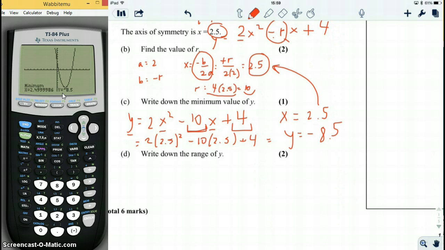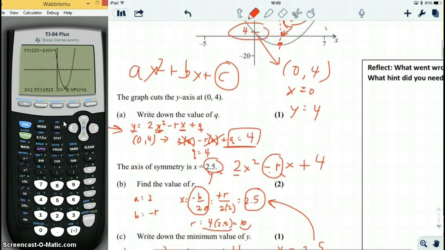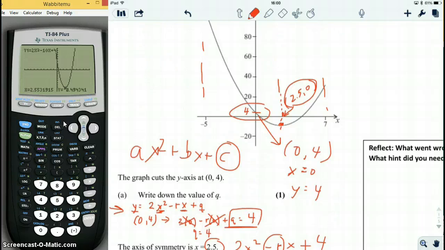We could have also gotten that by doing trace, and since we know that the axis of symmetry is at 2.5, we could have typed 2.5 enter, and that would have also given us y equals negative 8.5. So write down the range of y. Well, y ranges from this point down here, and we know that's negative 8.5 because we just found that.